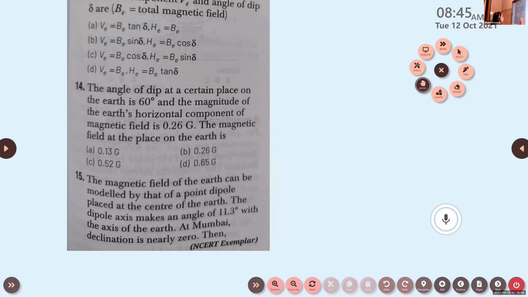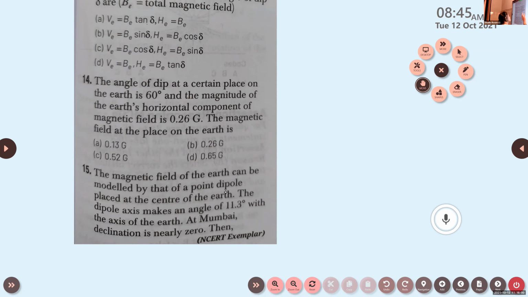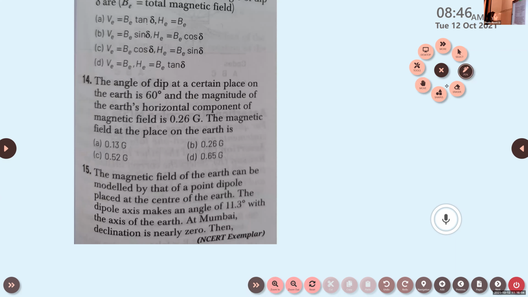It's the same problem as question number 13. The angle of dip at a certain place on the earth is 60 degrees and the magnitude of the earth's horizontal component of magnetic field is 0.26 Gauss.